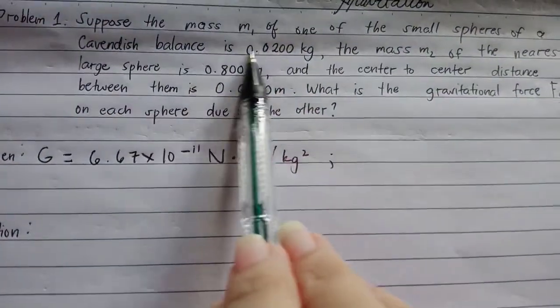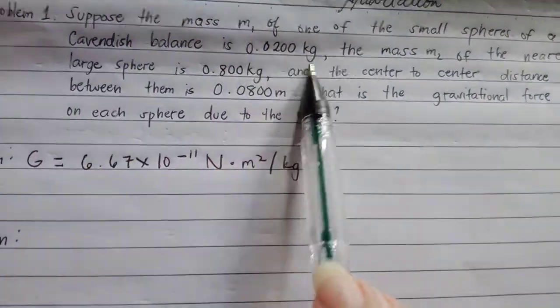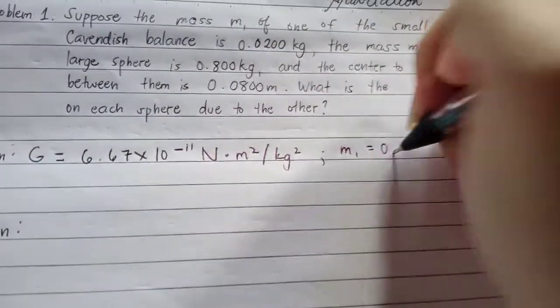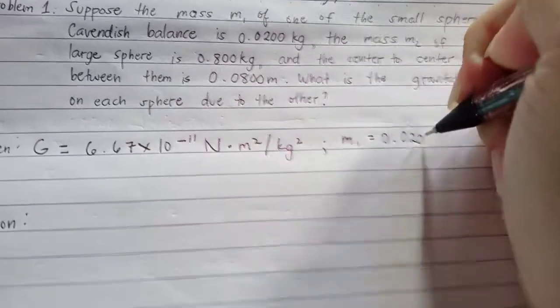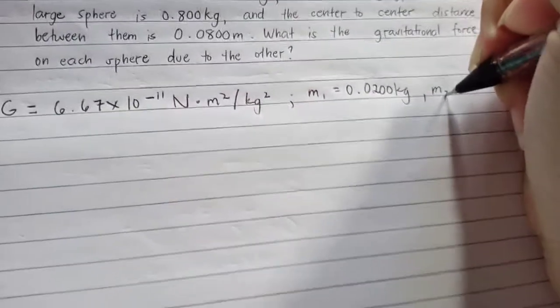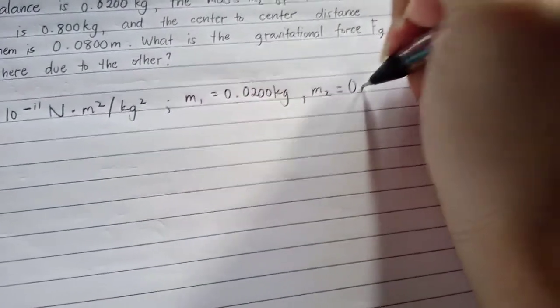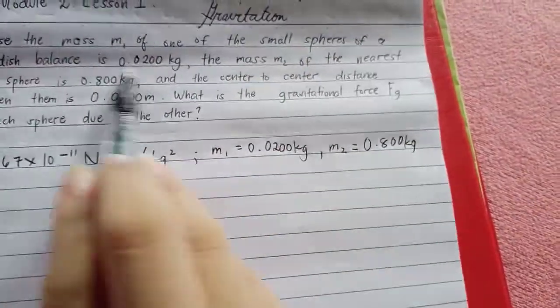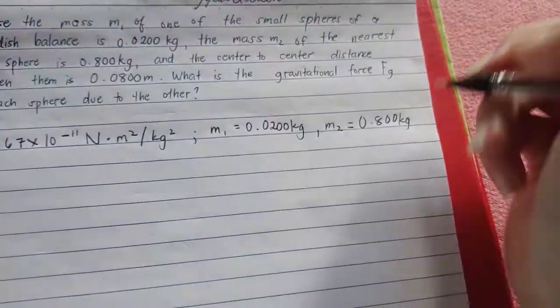Then the mass sub 1 is 0.02 kilogram. Then the mass sub 2 is 0.800 kilogram.